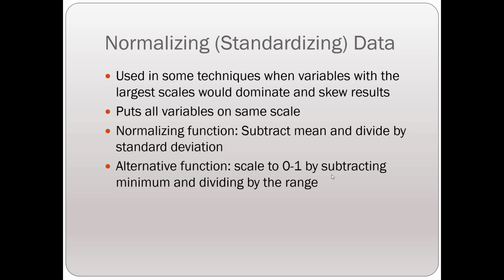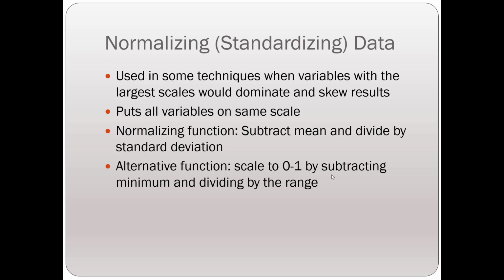On the one hand, you have a variable that has values in the range of thousands, and another variable that has values in the range of single digits. In such a situation, for some models it's not a big deal, but in some models, such a wide difference in scale can skew the results.